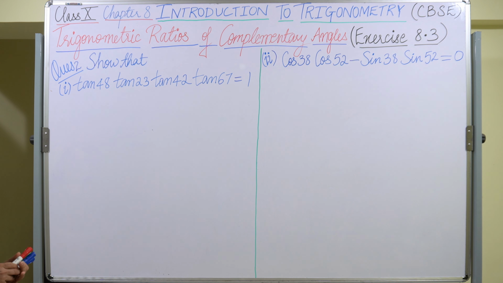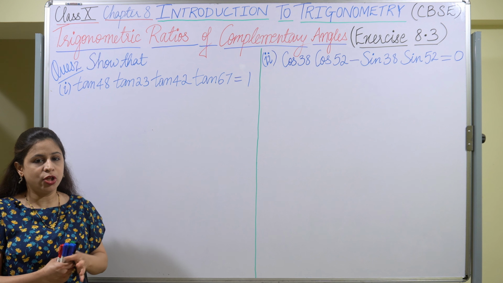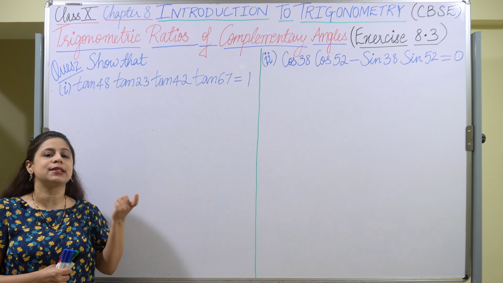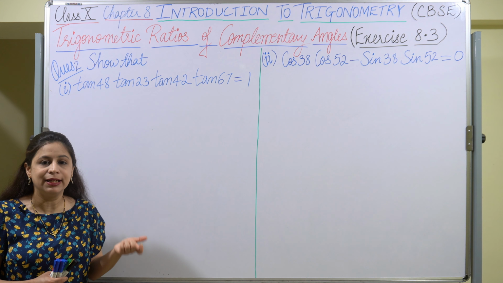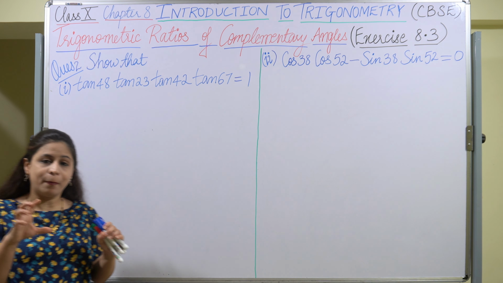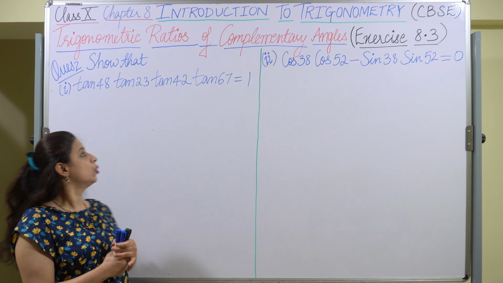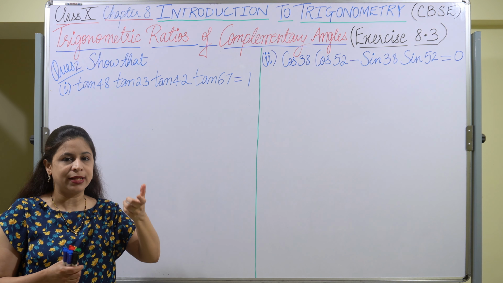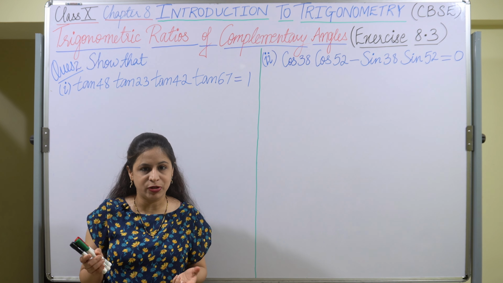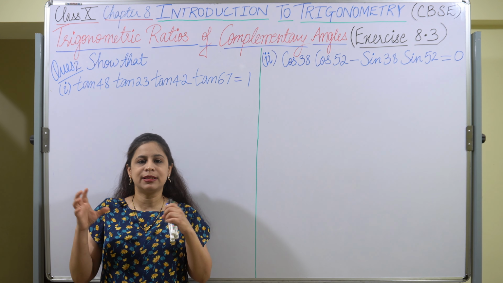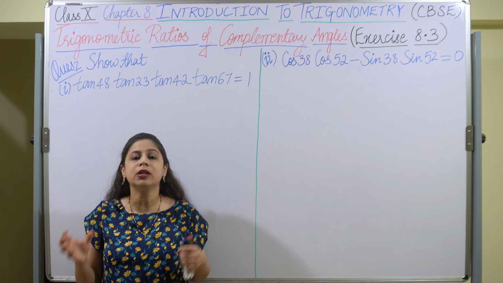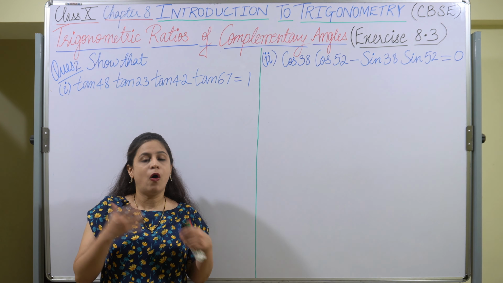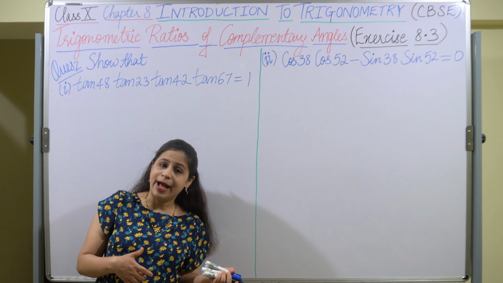For solving such types of questions, you need to convert it into the form 90 minus theta or 90 minus angle A, because we need complementary sets. Since tan and cot are complementary, we can replace tan 90 minus theta with cot theta, or cot 90 minus theta with tan theta.